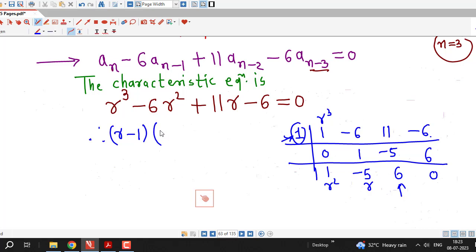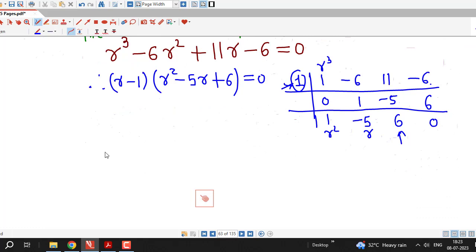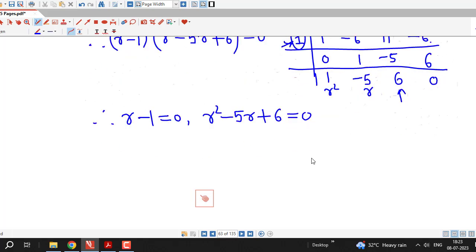Therefore the second factor is r square minus 5r plus 6 equal to 0, and therefore we have r minus 1 equal to 0, and r square minus 5r plus 6 equal to 0, and this is a quadratic equation. I can easily find the factors.